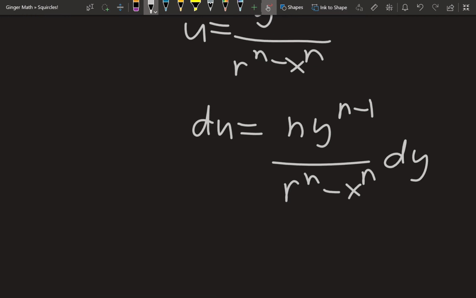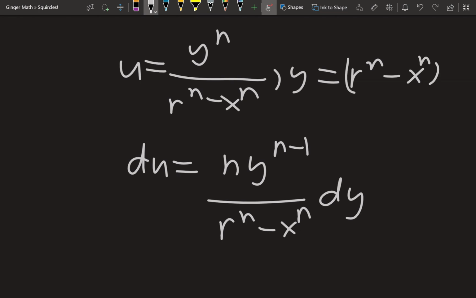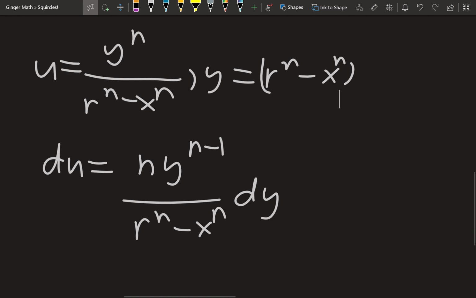Then subbing in for y, we know that y is going to be equal to (r^n - x^n)^(1/n) u^(1/n). I'm very sorry, there's just a lot of exponents this time. It is a Squircle video.